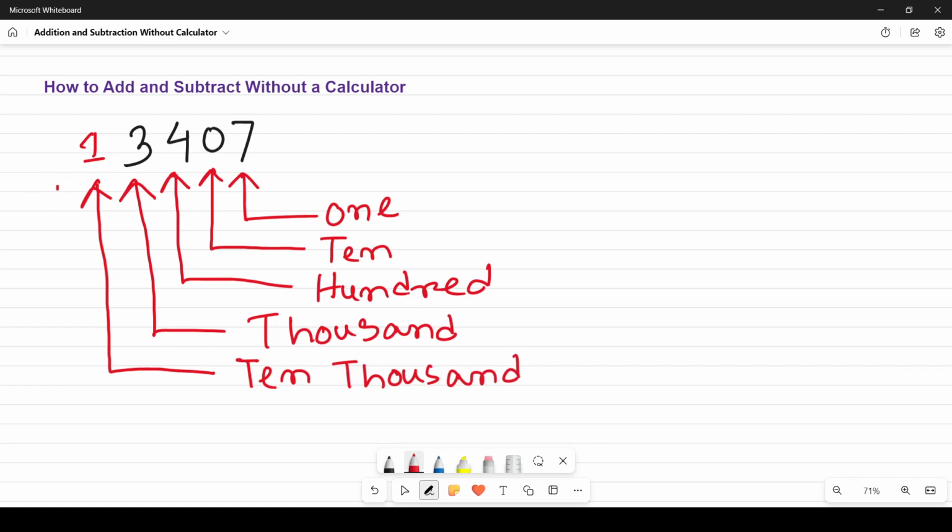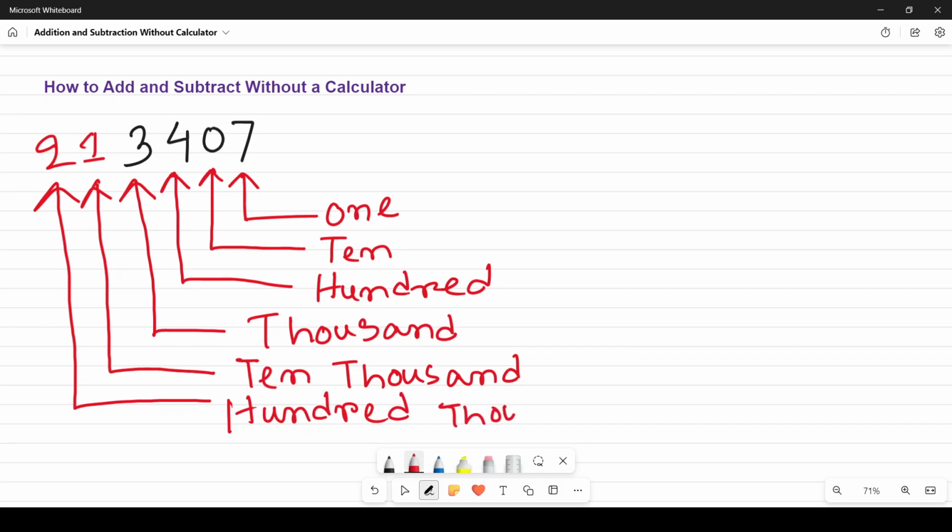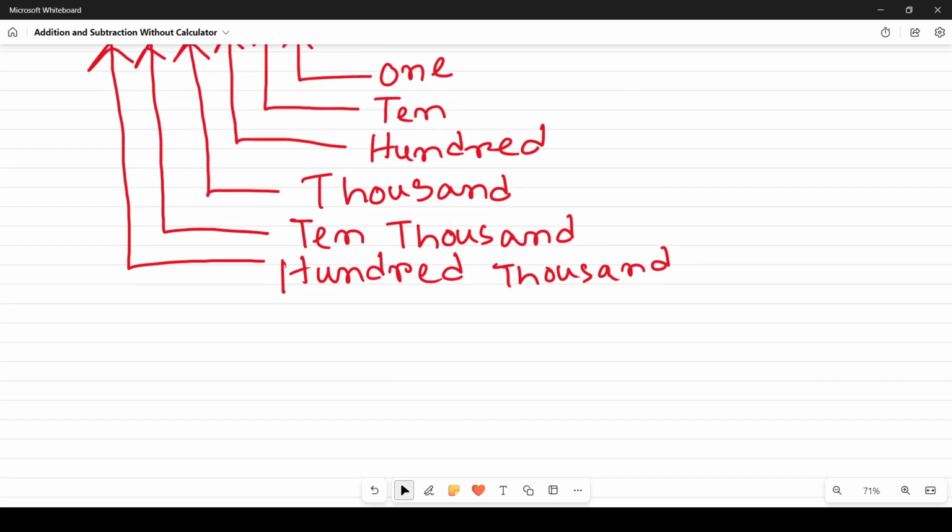After 10,000, maybe we say a number 2, then it will be 100,000. After 100,000 comes million, so the next position is million, and this way it just goes on.